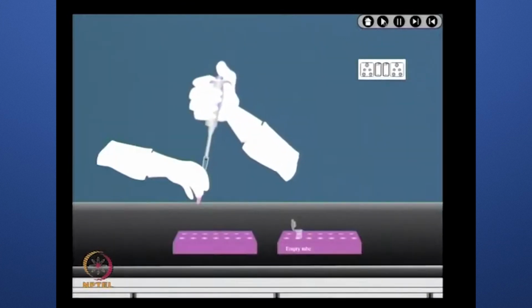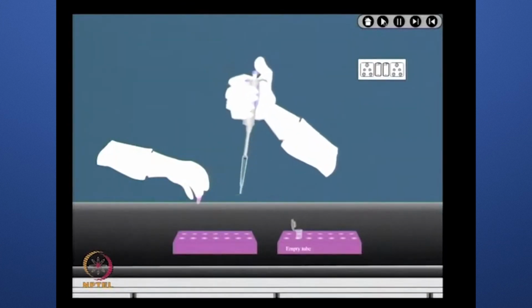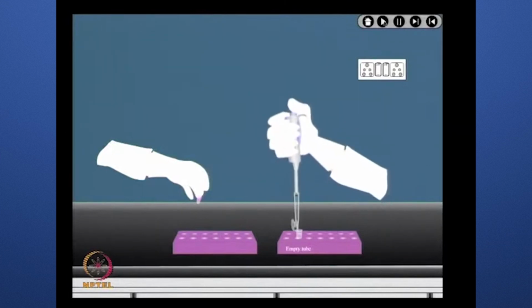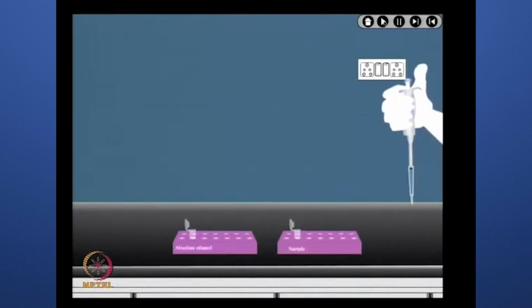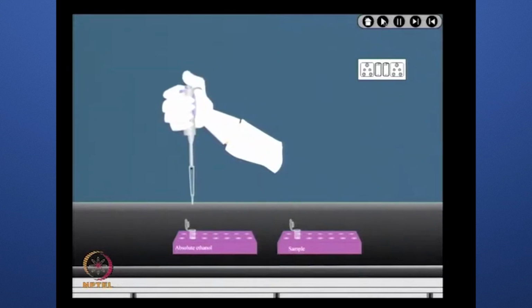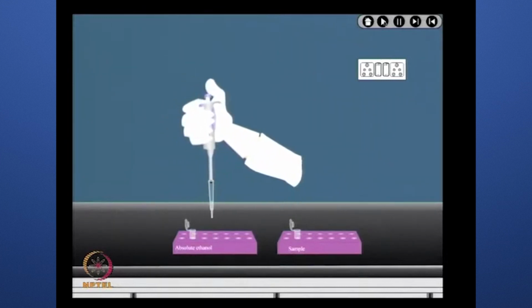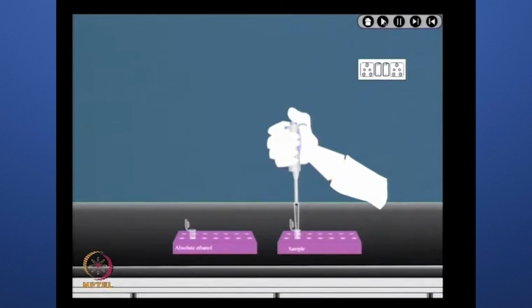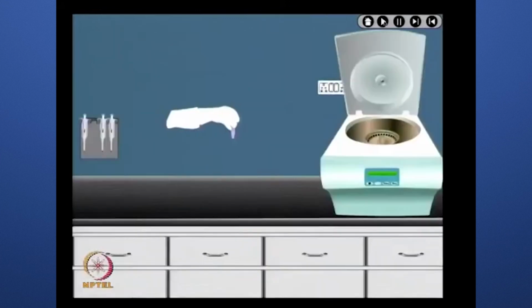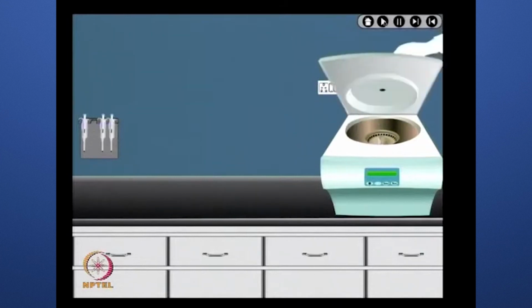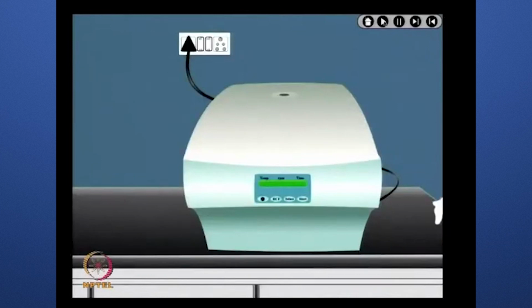Remove the upper layer and use it for RNA isolation using isopropanol, if you want to use RNA for some other applications. To the bottom layer, add 300 microliter of absolute alcohol per 1 ml of trizol and mix gently to suspend the white precipitate and keep at room temperature for 3 minutes.